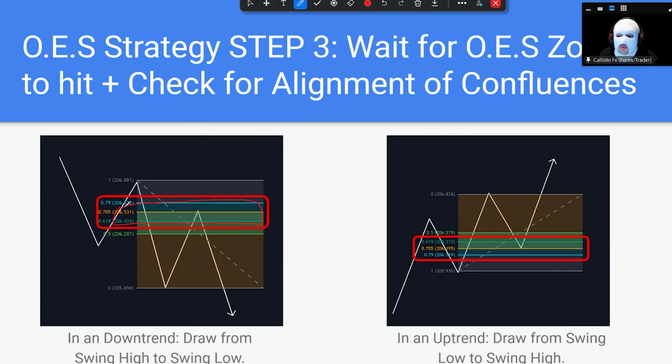These will be your confluence to help you take potential sells with higher probability. Your Fib level, your OES, the 0.618 to the 0.79 level, is confluence number 1. Confluence number 2 is your bearish order block, your bearish fair value gap, and your resistance level.